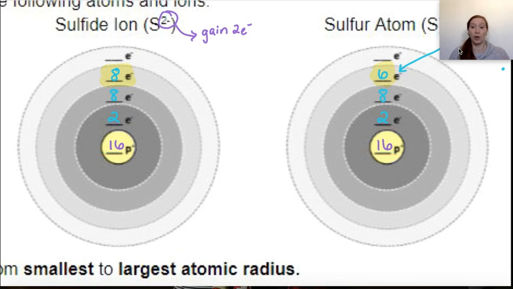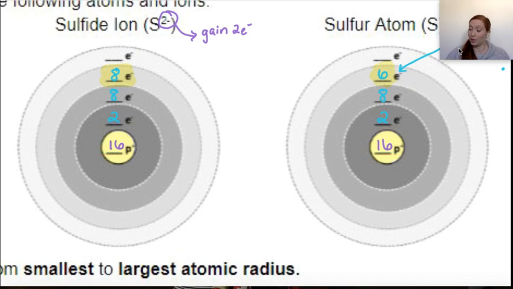What do we know about electrons? Well, they're really small and they have a negative charge. The negative charge is what's important here. That's going to give us an idea of what's going to happen when we add in those extra 2 electrons in the outermost shell. Negative charges and other negative charges are going to repel each other.